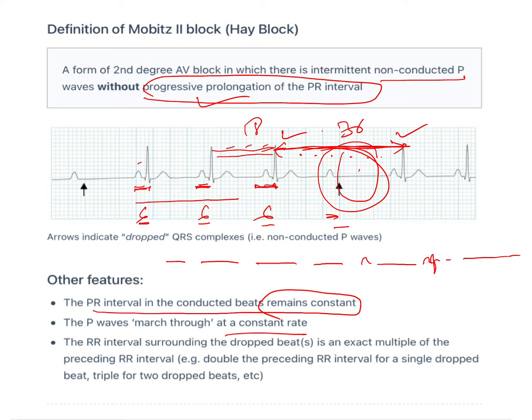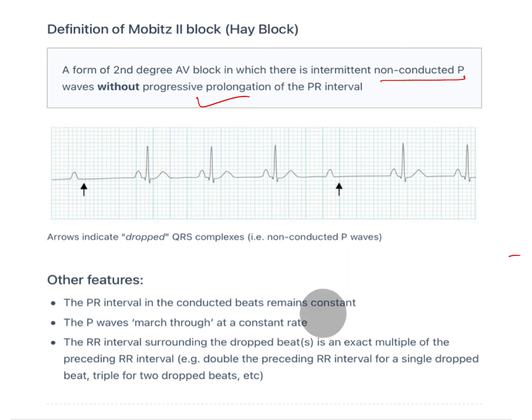So in Mobitz type 2 second degree heart block, there will be a prolonged PR interval, but no progressive prolongation of the PR interval. The PR interval will remain constant. However, there will be intermittent non-conducted P waves. These are the P waves that are non-conducted, meaning there is no QRS complex after this P wave.